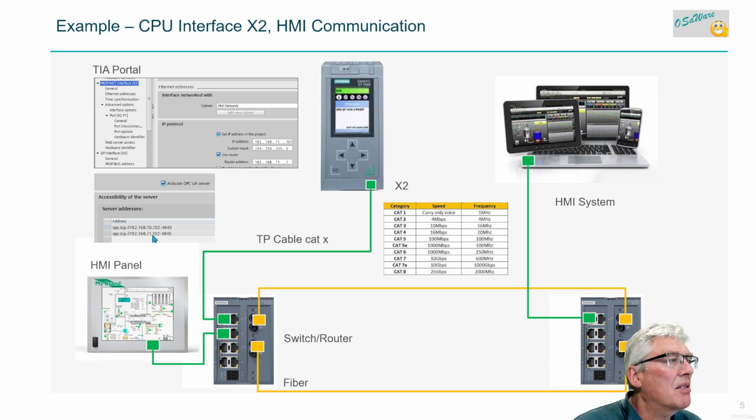I think it's not this address, but it's activated from a different CPU through this port, 4840. And here you have an HMI system on a separate switch or router, which you can communicate with. And maybe this HMI system uses the OPC UA protocol here. And the HMI panel normally uses a proprietary protocol that is configured. And here you have cable options and so on. It depends on the speed. Mostly it's 100 megabit networks usually, but here it is probably gigabit networks.